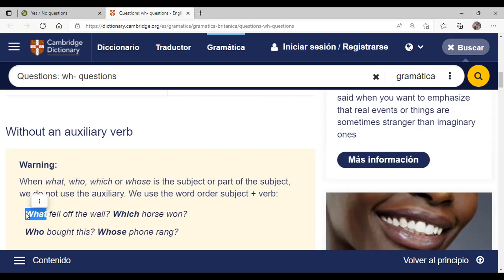What fell off the wall? ¿Qué se cayó de la pared? El what puede ser sustituido por un cuadro, por ejemplo, un cuadro se cayó de la pared. Cuando la question word puede ser reemplazada por un sujeto, se puede omitir el auxiliar.